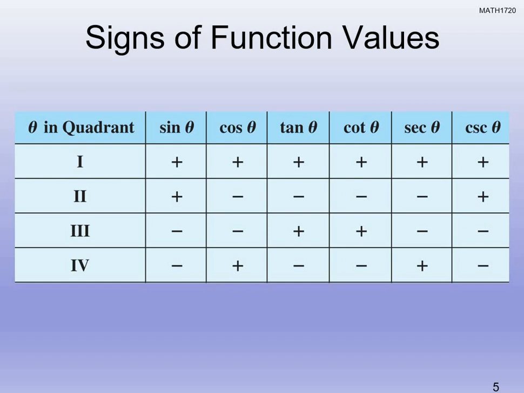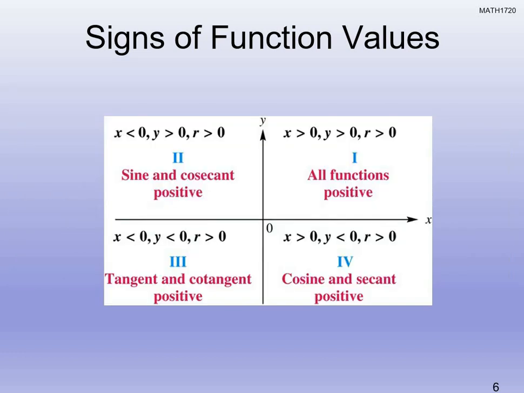So what am I talking about with quadrants, and what is a quadrant? The quadrants can look like this. If we look at the x-axis and the y-axis, you see the Roman numerals, the blue ones: quadrant 1, quadrant 2, quadrant 3, and quadrant 4. In quadrant 1, all functions are positive.